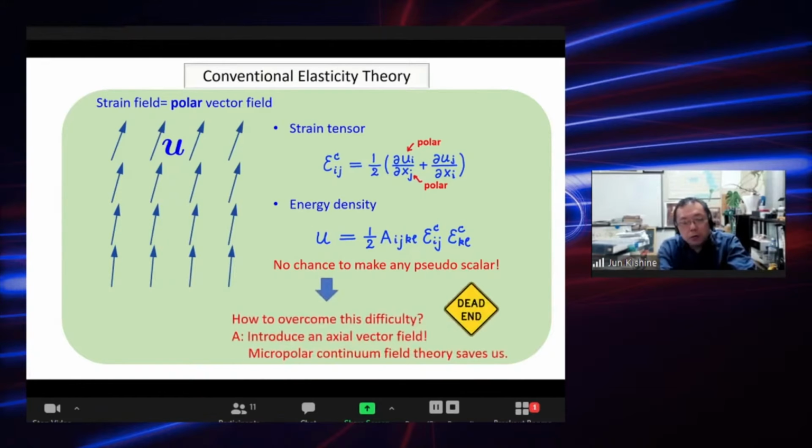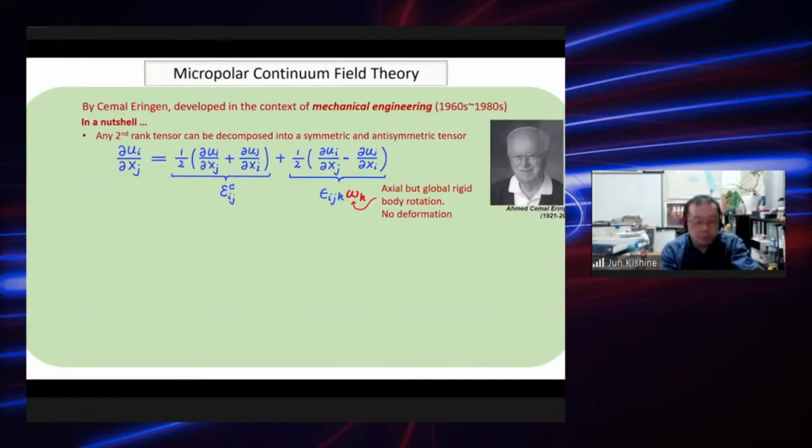So how to overcome this difficulty is our next problem. The answer is let's introduce an axial vector field. This framework is realized by using a micropolar continuum field theory, which saves us. So what is a micropolar continuum field theory? The essential point is not so difficult.